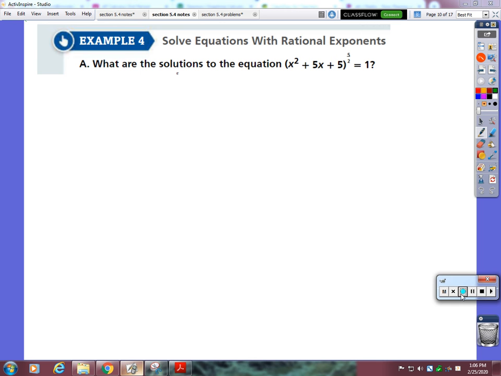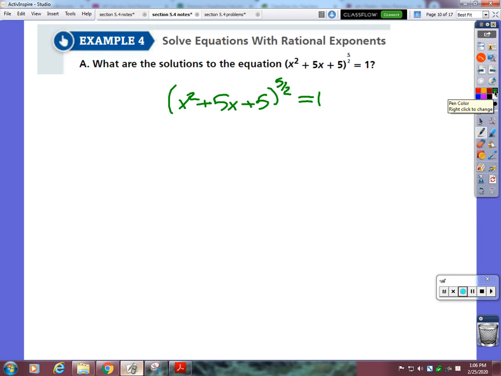This first example that we're going to do, you don't have to do any of that because the thing is already by itself. What's a little bit perhaps confusing is now it's not like the square root or the cube root or the fourth root. It's the 5/2 root.